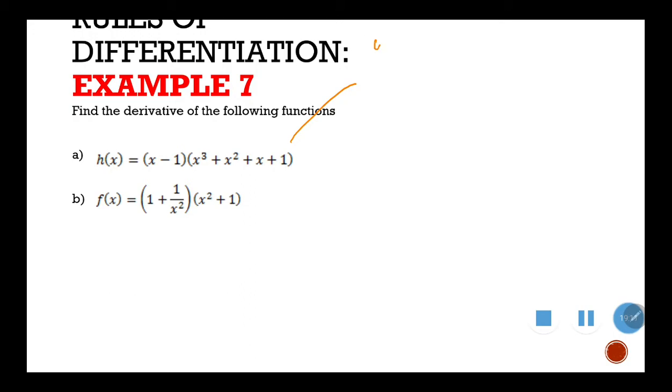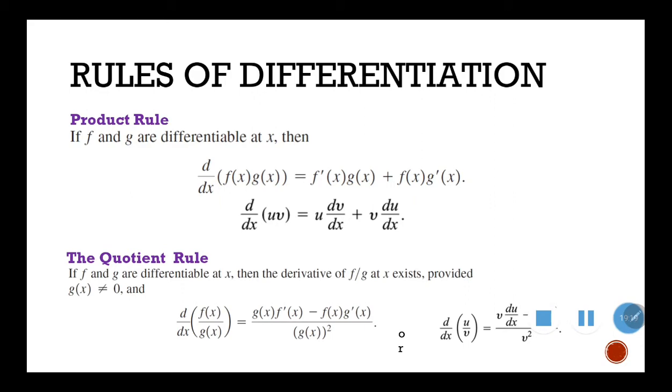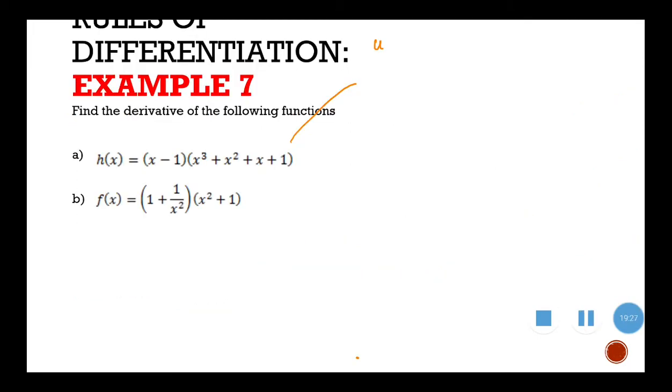So looking at this, the best answer is we should use the product rule. Here, u is x minus 1, u prime is 1.